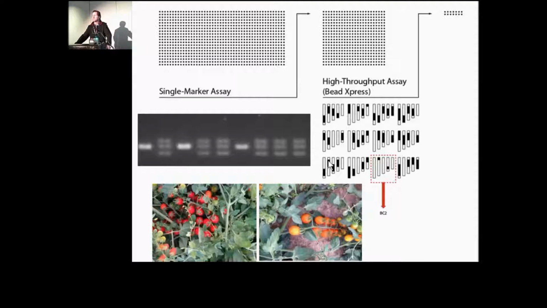In our case, we're using SNPs spread across the genome, and so the bar graph is showing you black as the donor genome, white as the recurrent parent genome. What we're getting in that first backcross is a distribution, and I'll show you this in a little bit. And what we're using the markers to do is to identify individuals that have more recurrent parent genome than the average. Those we advance to the next generation and evaluate after selfing.